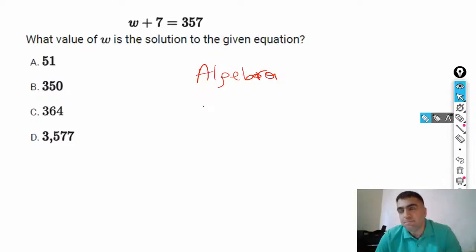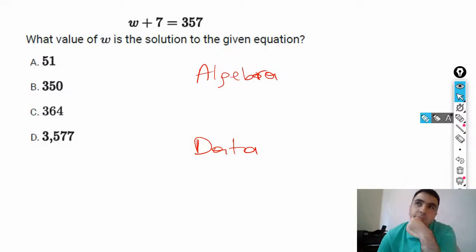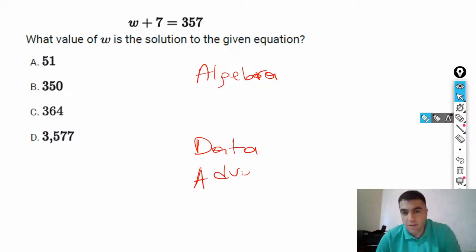Second is, what is second? Algebra questions, data questions, linear algebra. Advanced math questions. And the third one is Trigo.